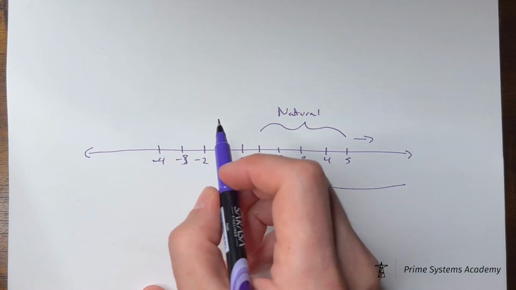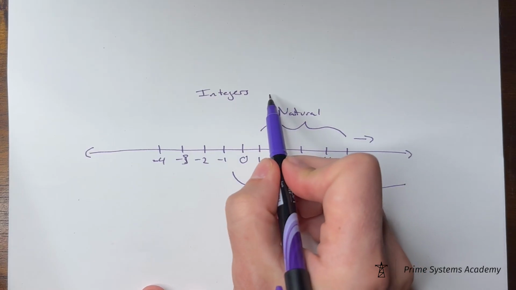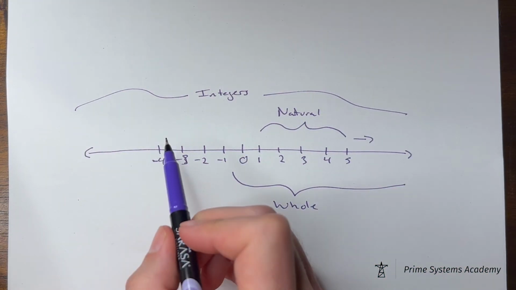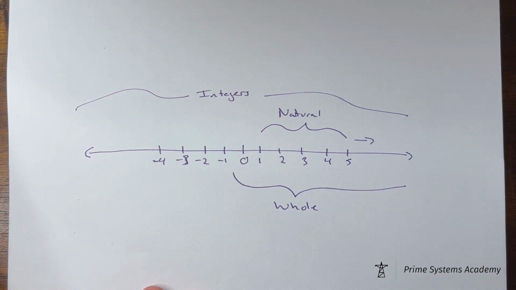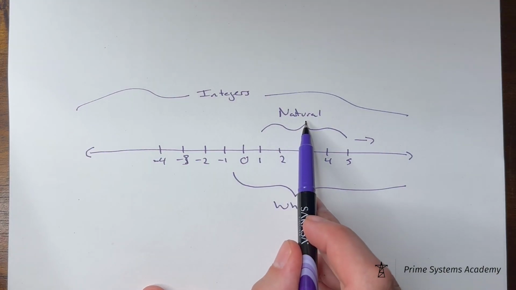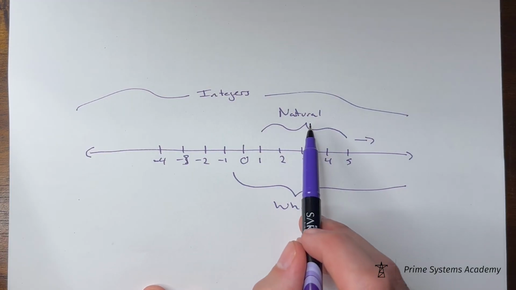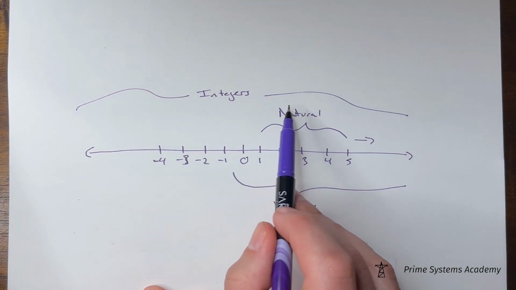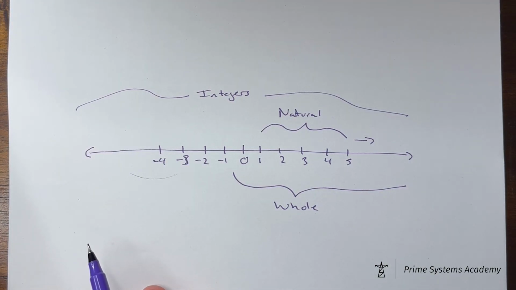So your integers are all your positive and all your negative counting numbers, including 0, in both directions, positive and negative. So all natural numbers are whole numbers, but not all whole numbers are natural numbers because of that 0. All whole numbers are integers, but not all integers are whole numbers because that also includes the negatives.